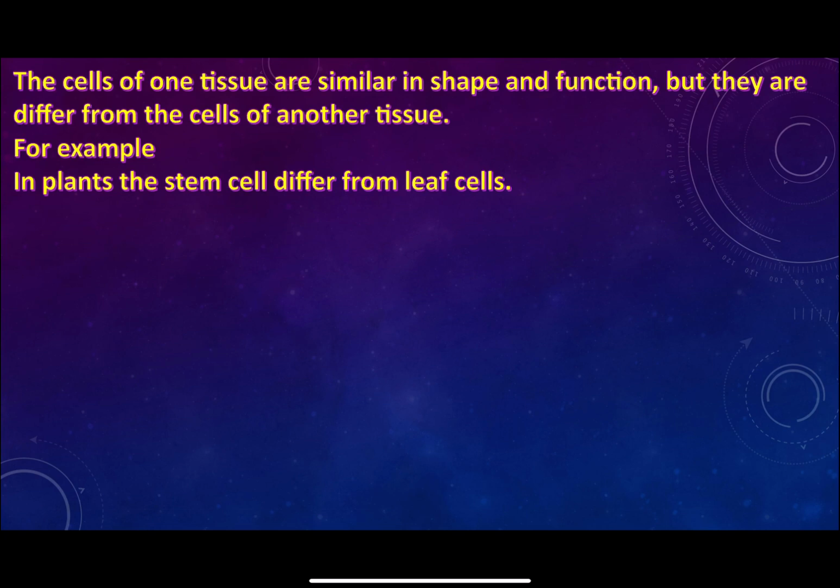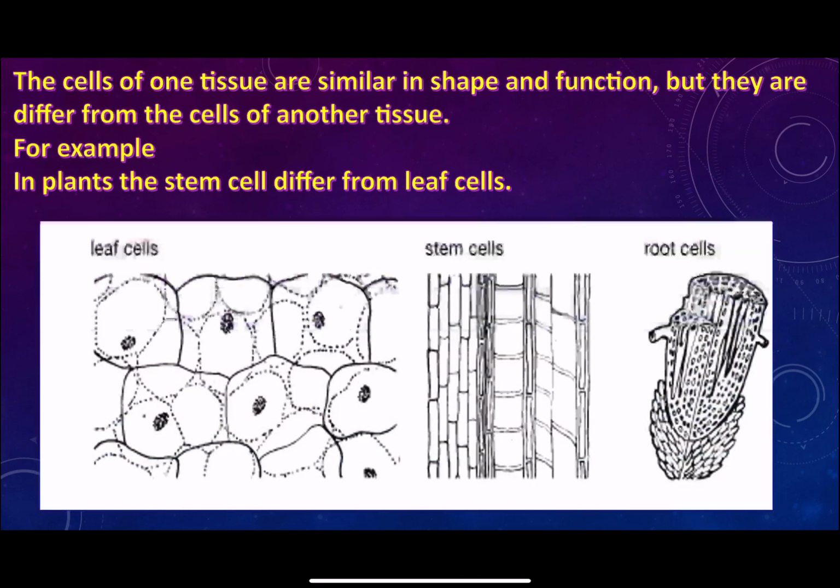For example, in plants, the stem cells differ from the leaf cells. As you see in this picture, the leaf cells are circle in shape, while the stem cells are rectangle in shape.